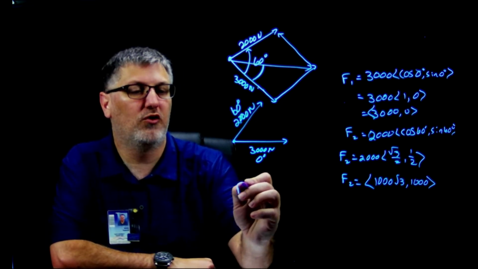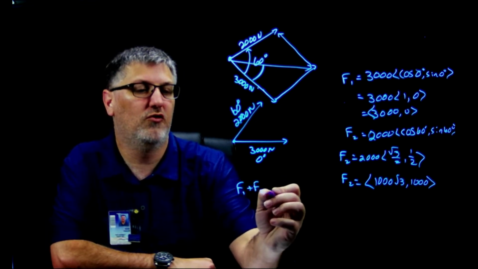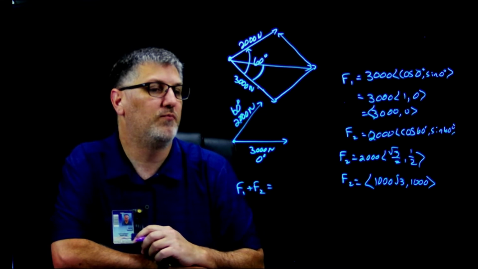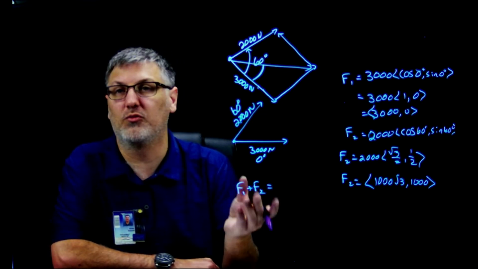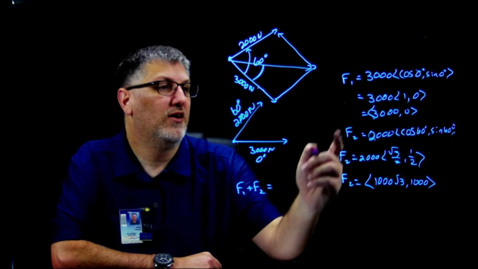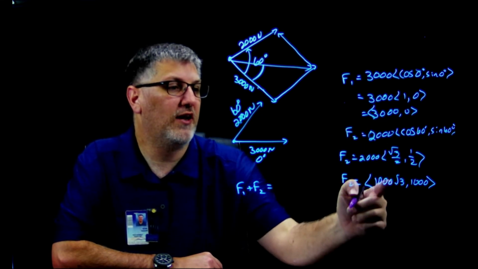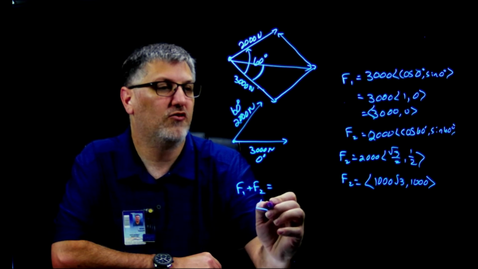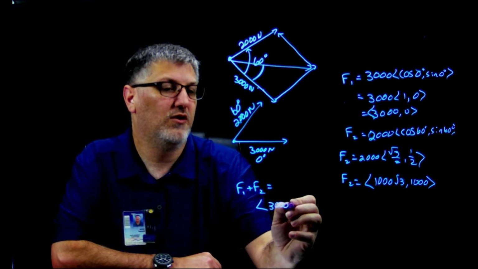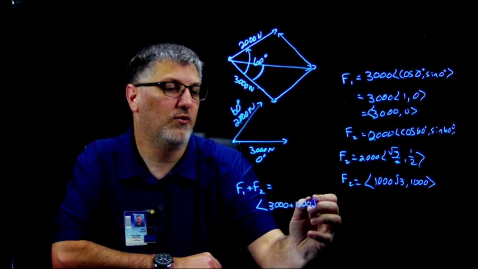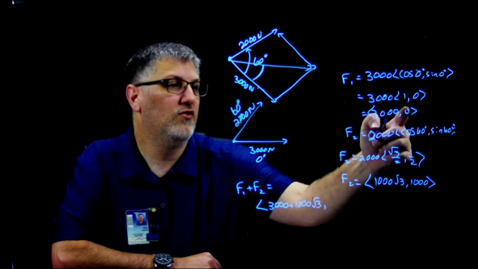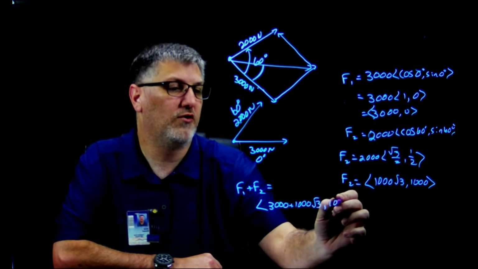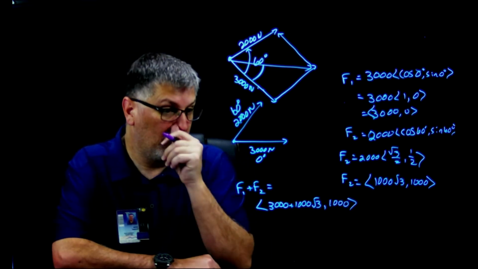Now I want to do force 1 plus force 2 because they're both acting in the same direction. If they're acting in different directions, we're going to subtract them. All right, so this simply gives me 3,000 plus 1,000 square root of 3, comma, 0 plus 1,000 is 1,000. All right, that is my resultant vector.